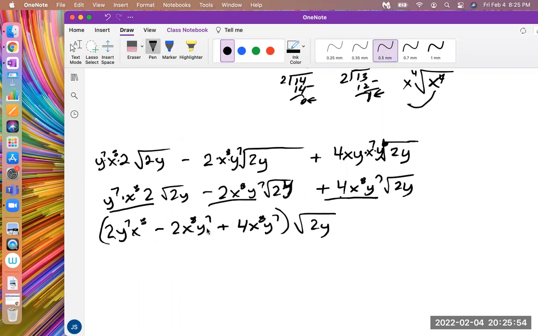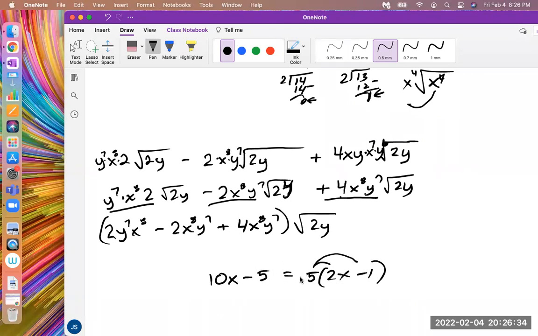And so this is a crucial step here. If I took the 2y out and I put everything else in parentheses. So it's the equivalent if I have like 10x minus 5, I can factor out a greatest common factor, and it's 5. And I can rewrite this as 5 times 2x minus 1, because this will multiply out to be that, right? 5 times 2x is 10x, and 5 times -1 is -5.